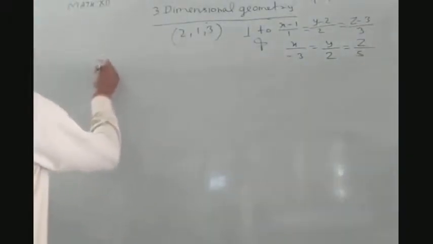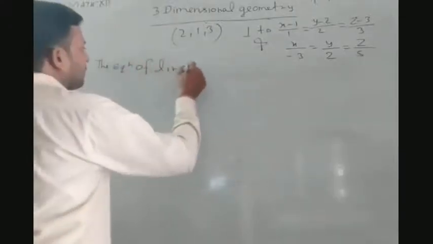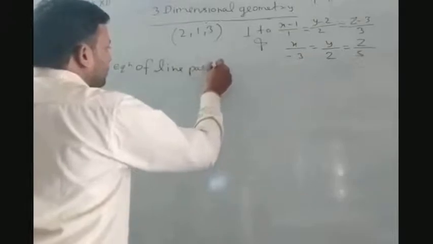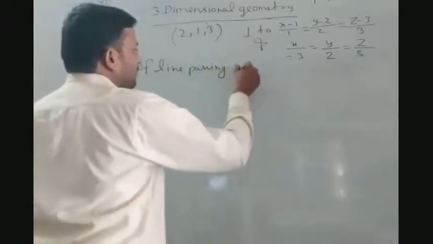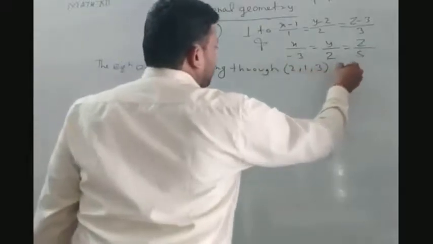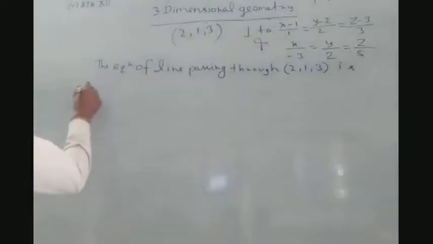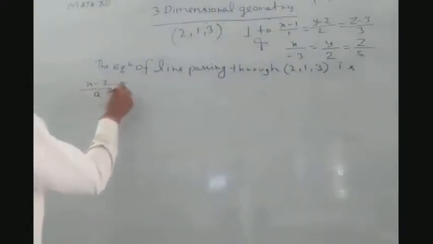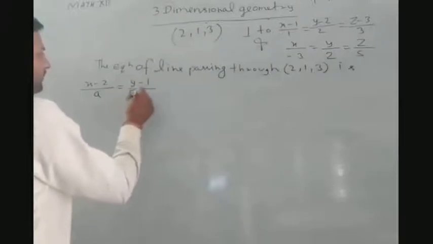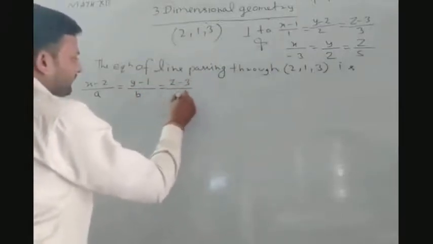So let the equation of the line passing through the point 2, 1, 3 be (x minus 2) by a is equal to (y minus 1) by b is equal to (z minus 3) by c.